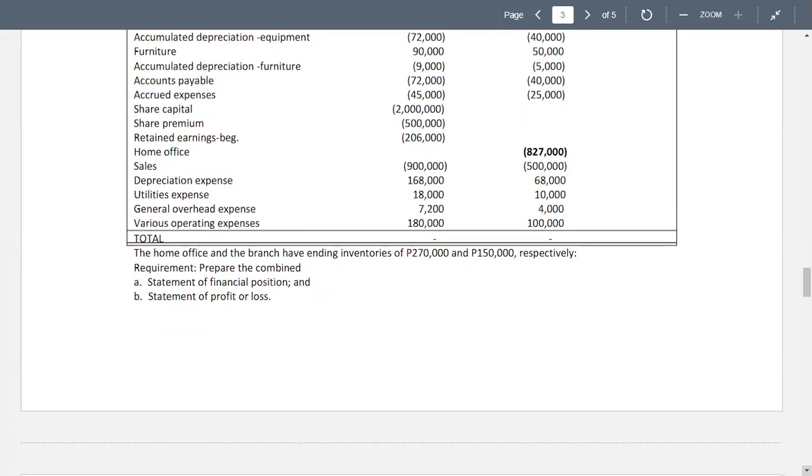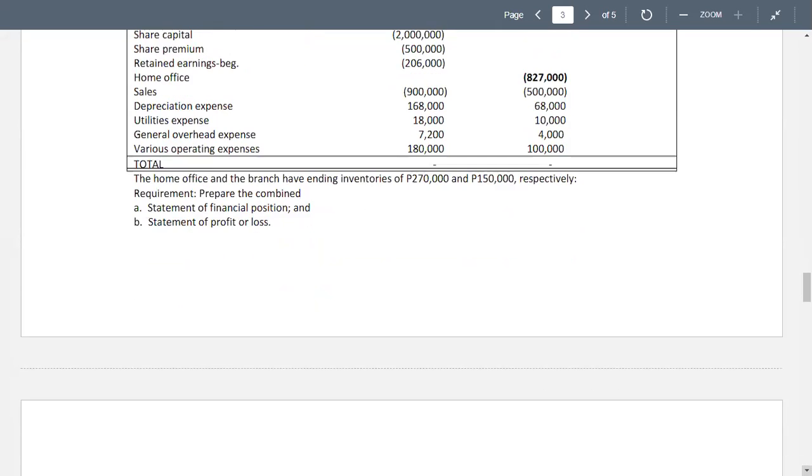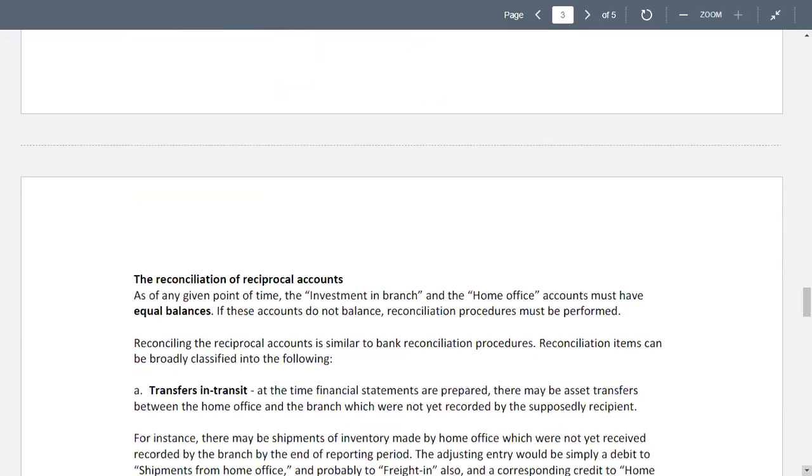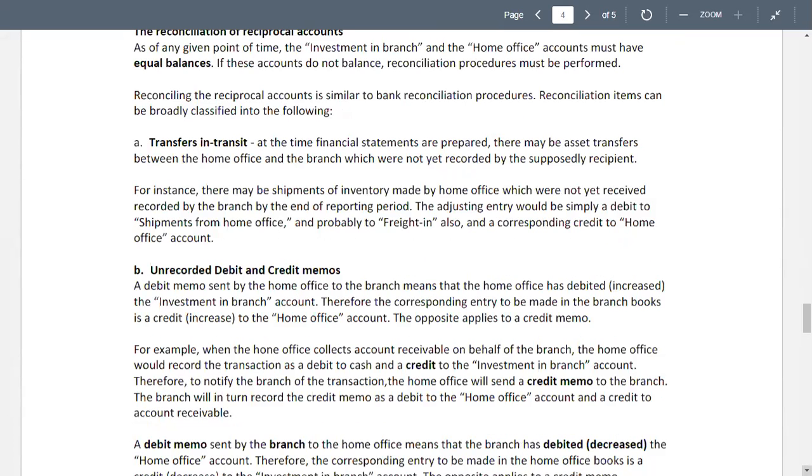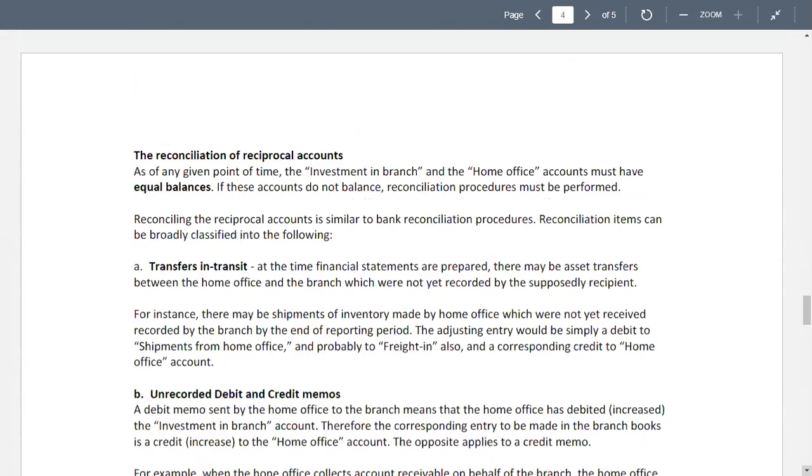So we have the combined working paper. First we have to eliminate the reciprocal accounts. So what you are going to do is you just prepare a working paper.